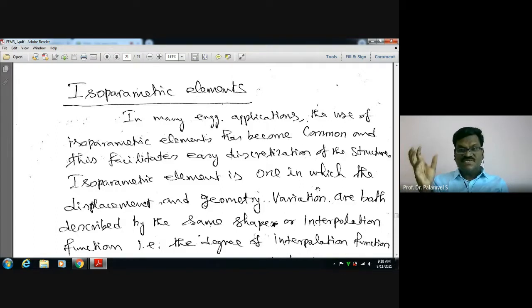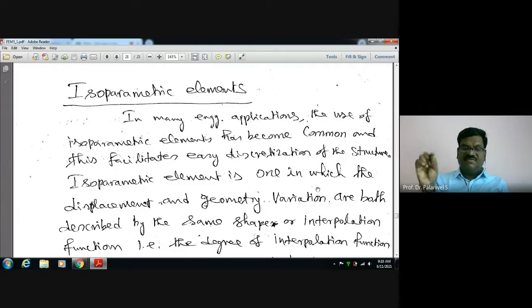So the same shape function is used to obtain or represent the variation of displacement as well as the geometry of the element. Hope you would have got it.